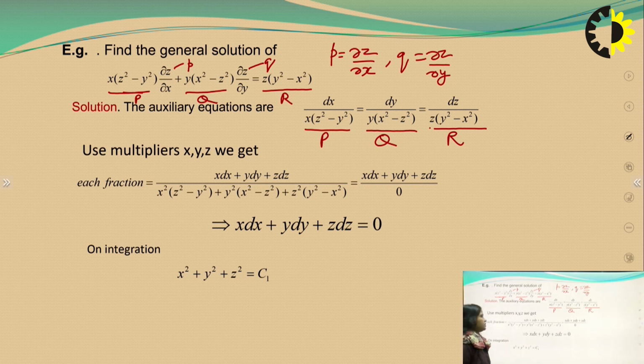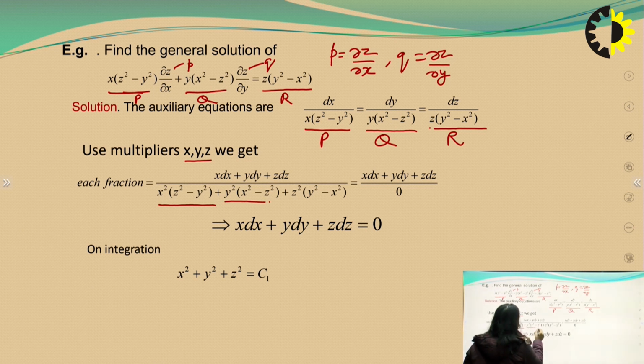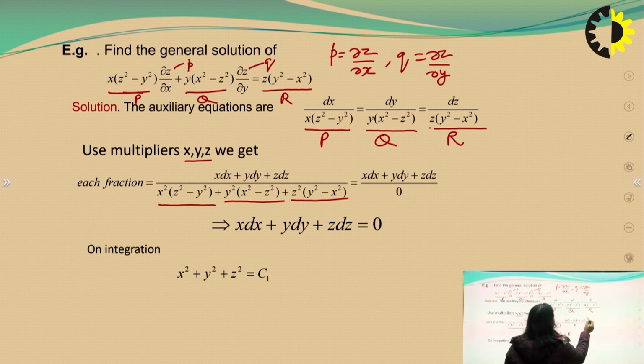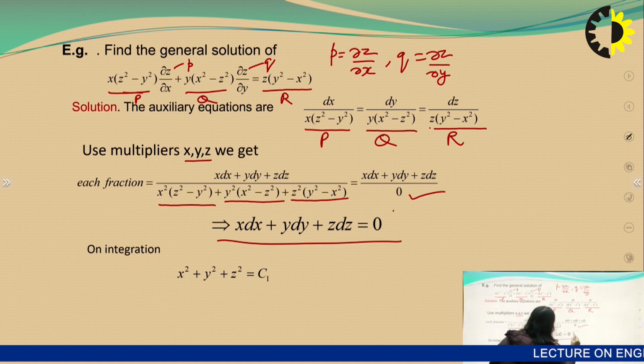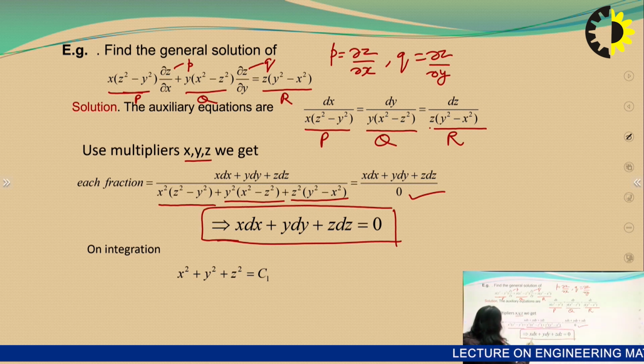We'll use multipliers x, y and z to get each fraction equal to x dx plus y dy plus z dz divided by x square into z square minus y square plus y square into x square minus z square plus z square into y square minus x square, which clearly is 0. So x dx plus y dy plus z dz becomes equal to 0.